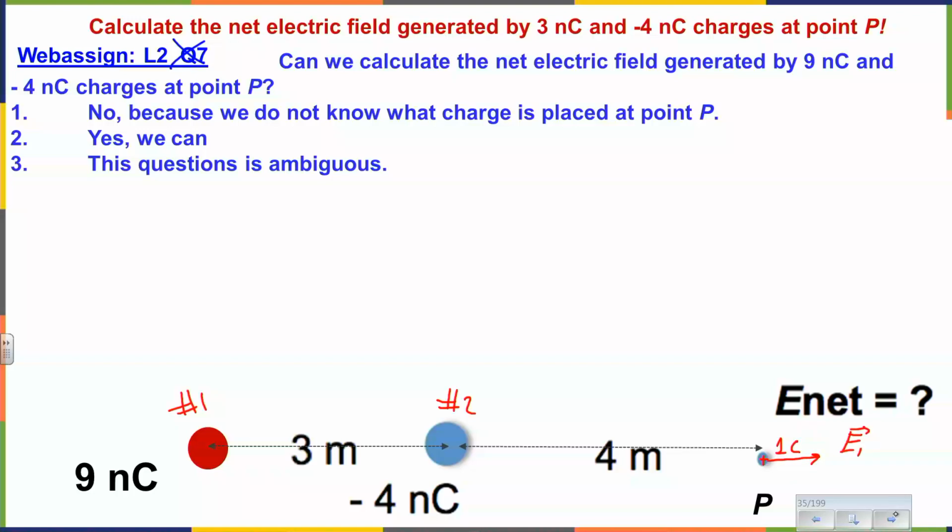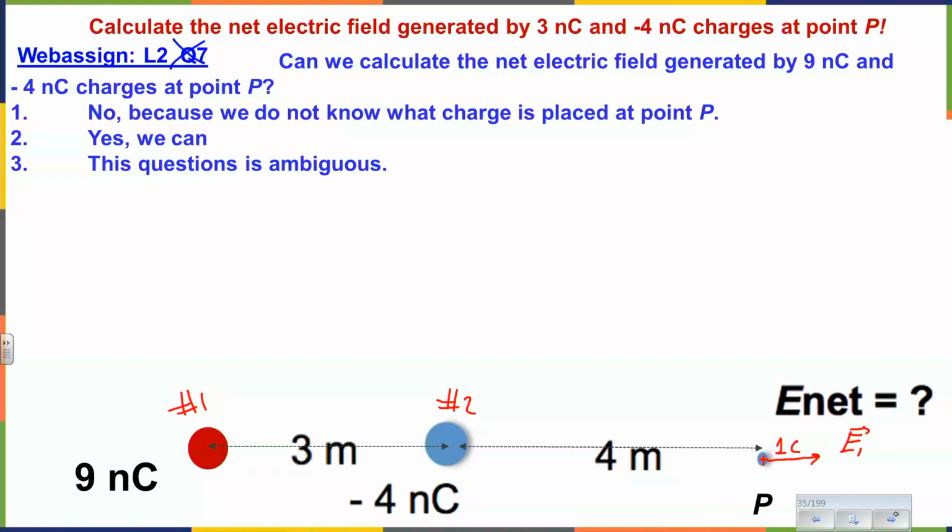And this arrow represents electric field of the first charge at point P. And it's very important to be able to say the whole thing: electric field generated by this charge at this point. Because if you draw an electric field vector, this arrow, it should begin at the point where you're measuring or calculating it. And it should point away from a positive charge.